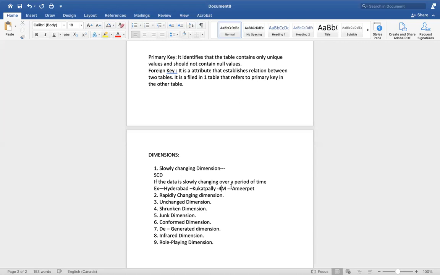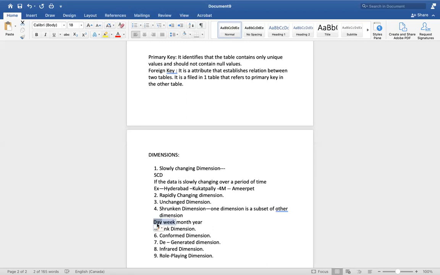And the next one is the shrunken dimension. A shrunken dimension is one in which one dimension is a subset of another dimension. If we take day, after day it will be week, then month, then year, etc. So if we take day and week, day is a subset of week.